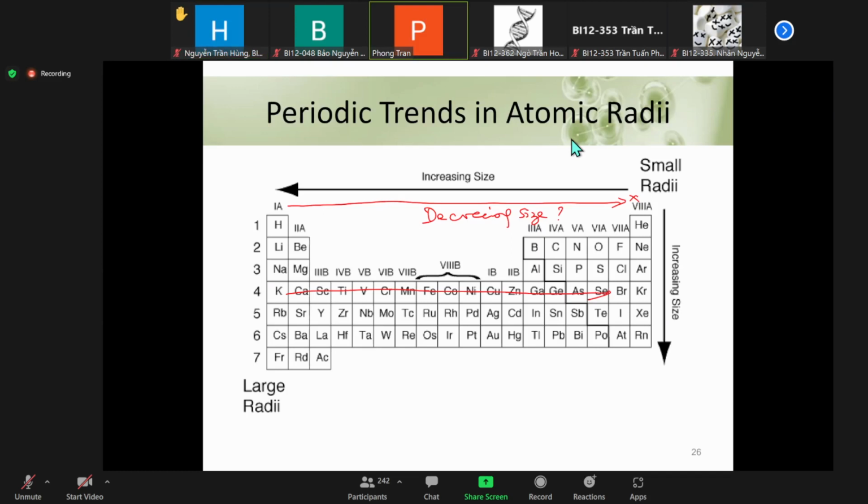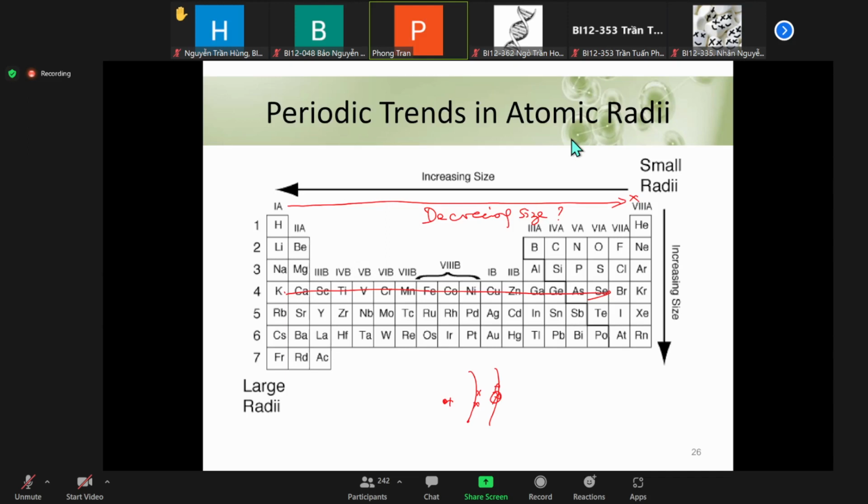Exactly. So the number of screening electrons will be the same. The core electrons, let's say you have nuclei here, and then you have screening electrons here. The number of screening electrons will be the same. When you go from the left side to the right side, you add one more electron, and you also add one more positive charge to the nuclei.